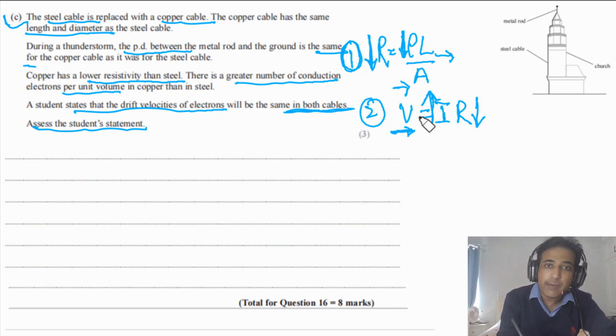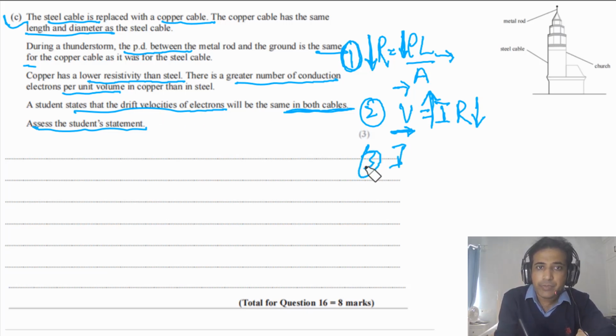Now we have to relate this current with drift velocity. So we can write I is equal to nqvA, where v is the drift velocity. As in this case current increases, but A is the same, as it is given to us, n also increases.